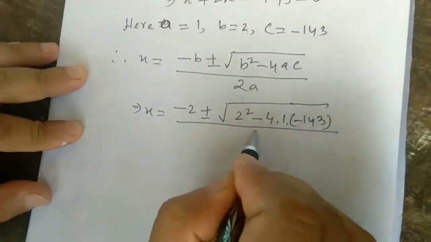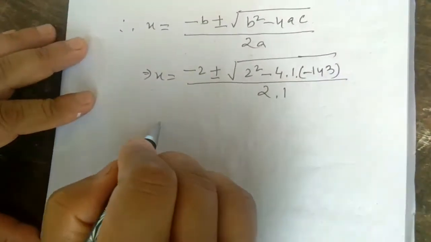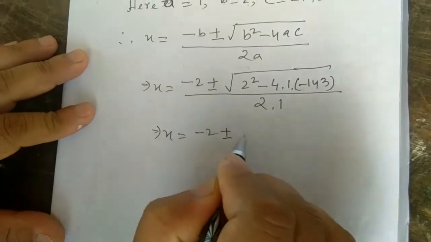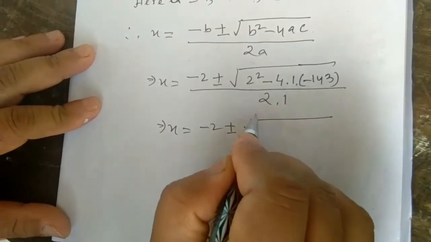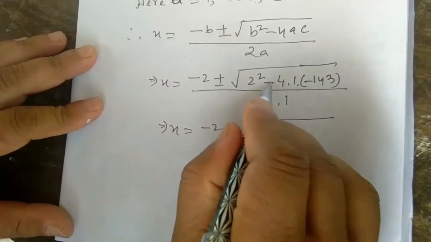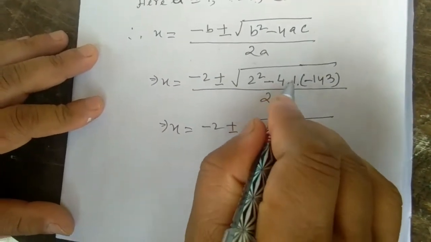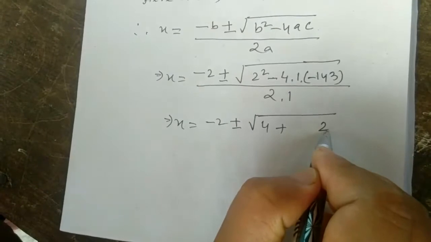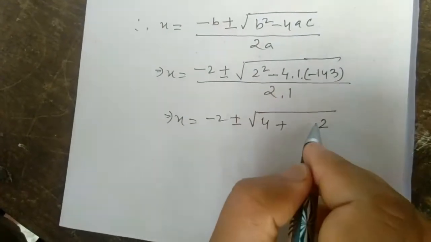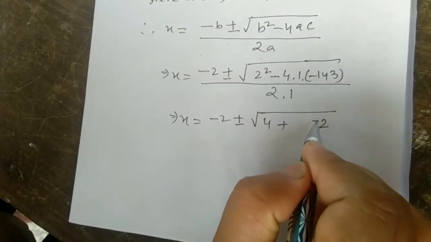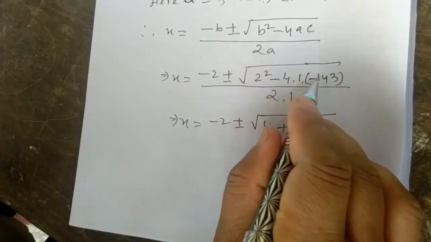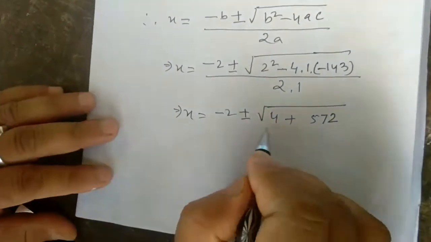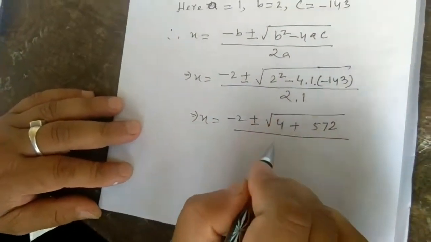By twice a, where a is 1. So x equals minus 2 plus or minus root over 4 plus 4 times 143, which is 572, so 576, by 2.